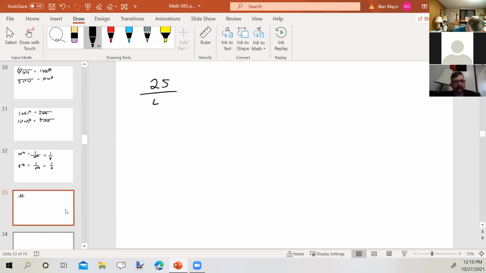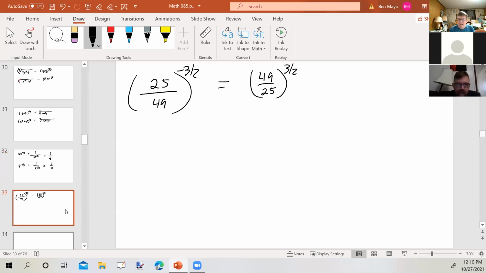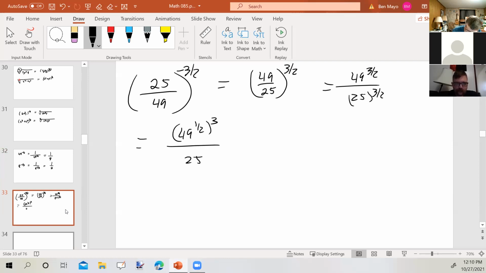25 over 49 to the -3/2 power would be 49 over 25 to the +3/2 power, right? Okay. Which is 49 to the 3/2 power over 25 to the 3/2 power, which is 49 to the 1/2 power cubed over 25 to the 1/2 power cubed. 49 to the 1/2 power is 7.